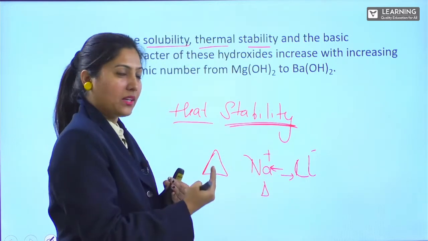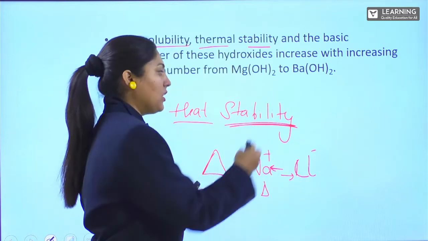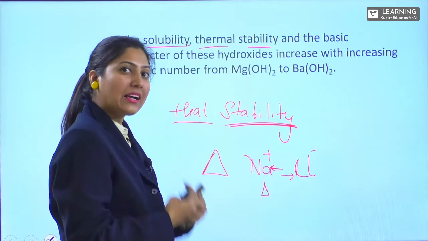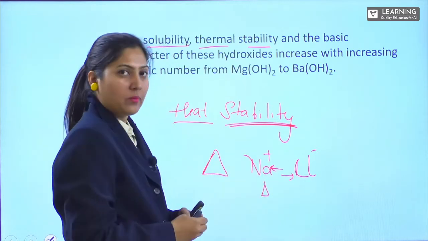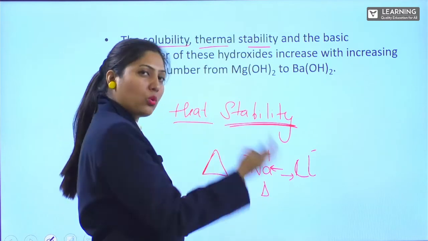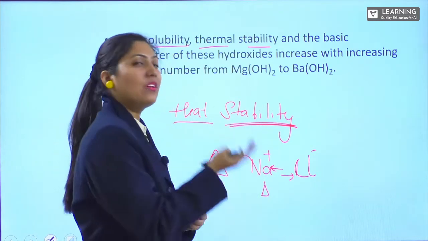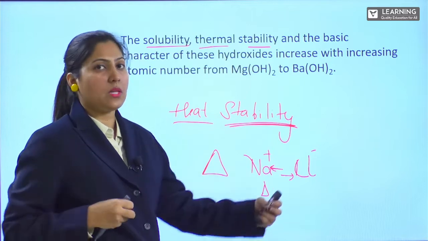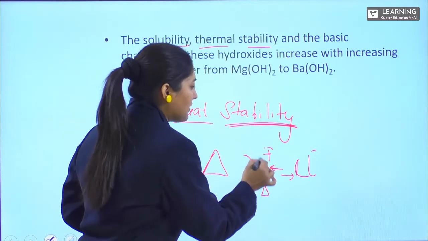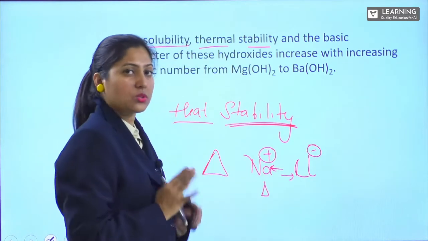Bond means an agreement that I have given you the electron, you have taken my electron, and we need to be together. That is the agreement between sodium and chlorine. If they have to get separated, either sodium completely loses its electron and chlorine completely gains the electron, and they need to separate. That is not so easy. And also, if they are positive charge and negative charge, they are not so stable.